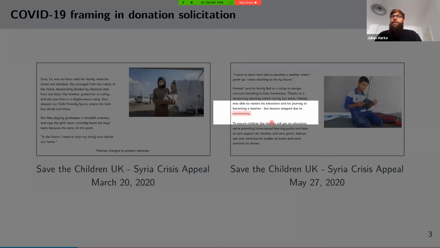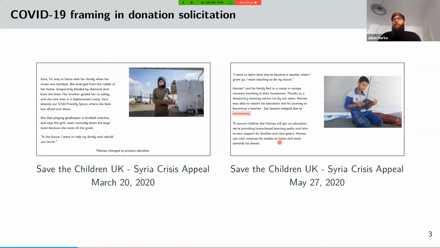We saw many charities using such a framing. Some have more subtle changes, some use this COVID-19 framing more prominently. But as you can see in this example, they even use this framing for their long ongoing projects. The Syria crisis appeal is a long ongoing project, right? They even change this and use the framing of COVID-19.